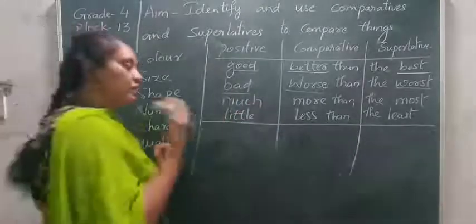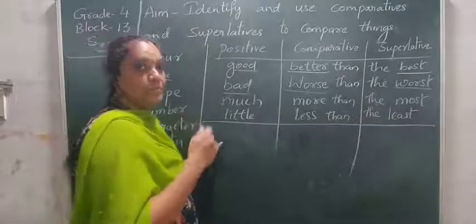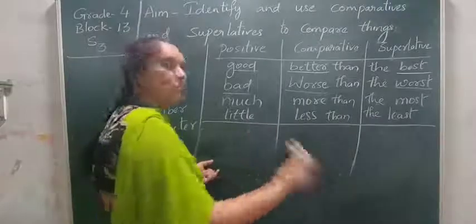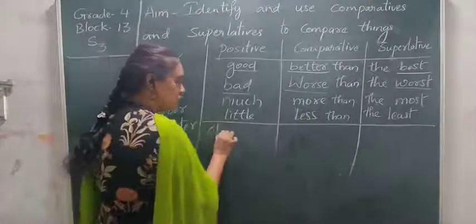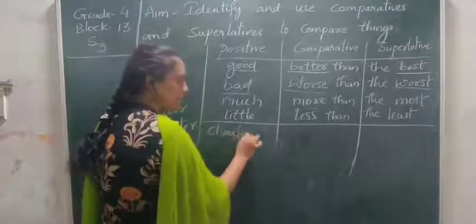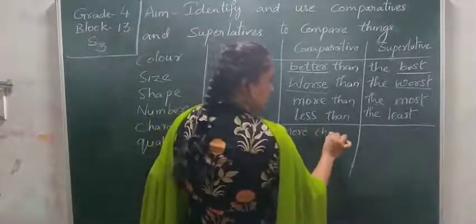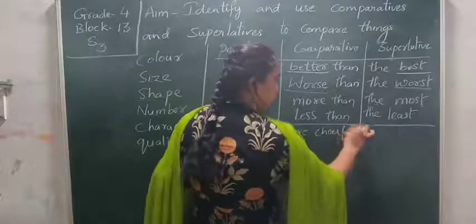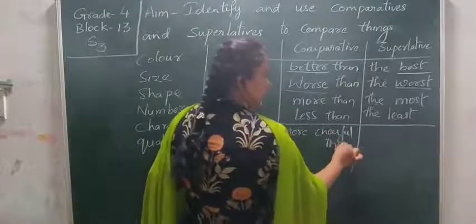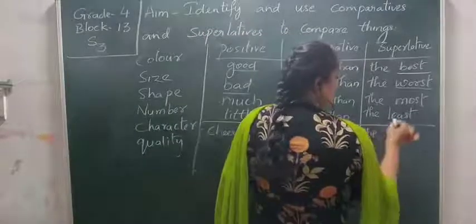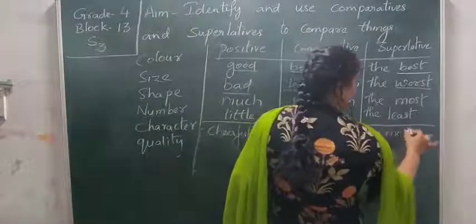So for beautiful, more beautiful, most beautiful, colorful, more colorful, most colorful. If I use cheerful, I say more cheerful than. Otherwise, the most cheerful person.